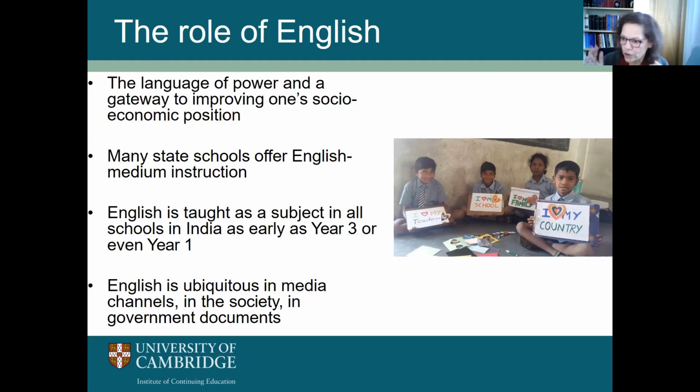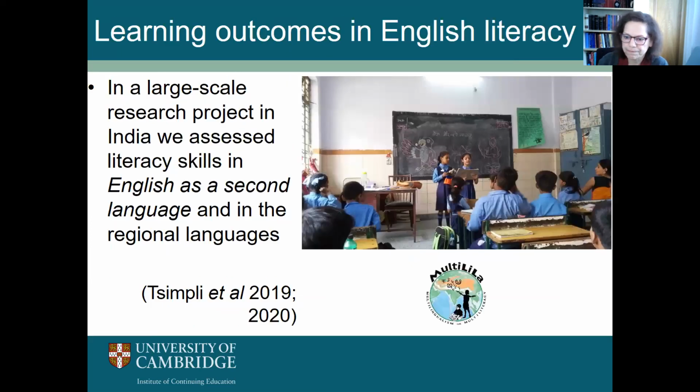This has been heard, let's say, by different states in India, and they have changed a lot of government schools, a lot of state schools, into English medium schools. But even if it's not an English medium school, English in India is taught as a subject in all schools as early as year 3 or even year 1. And of course, English is everywhere in media channels, in the society, and in government documents. So it has a very powerful place.